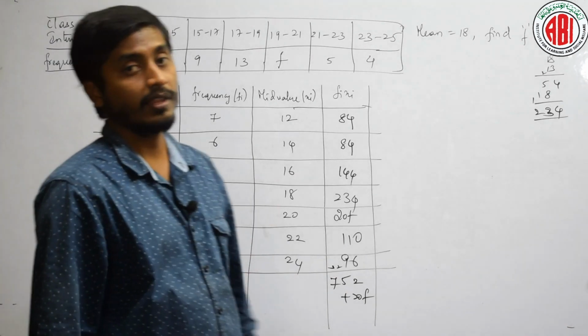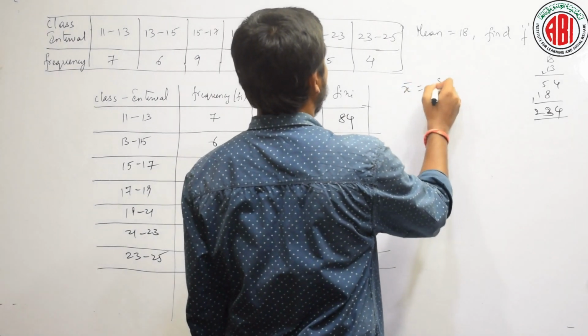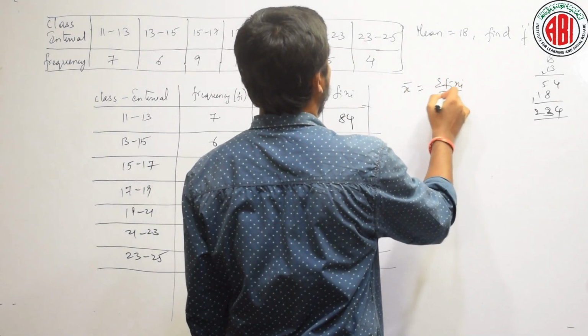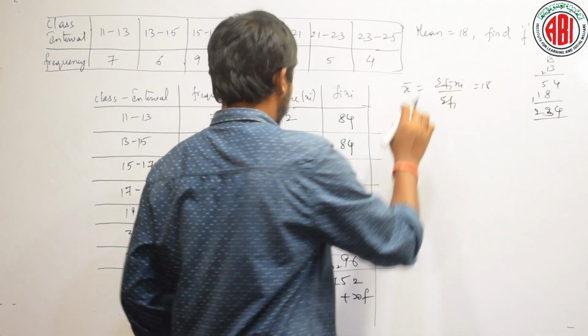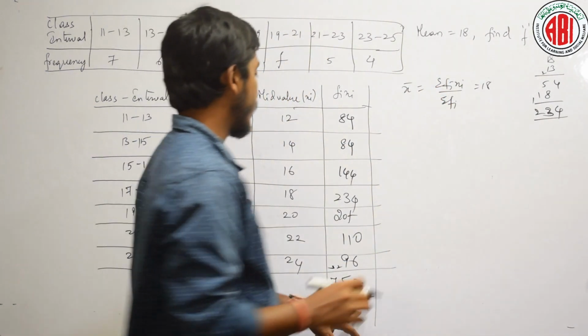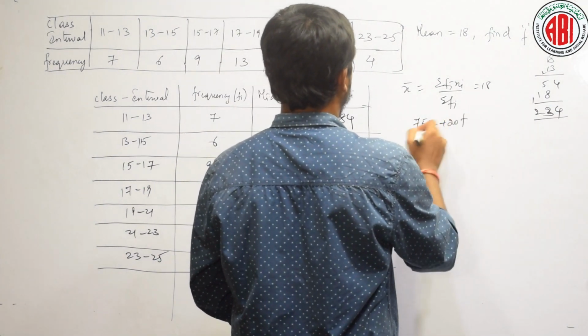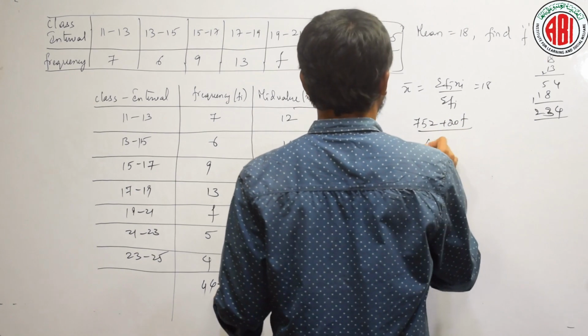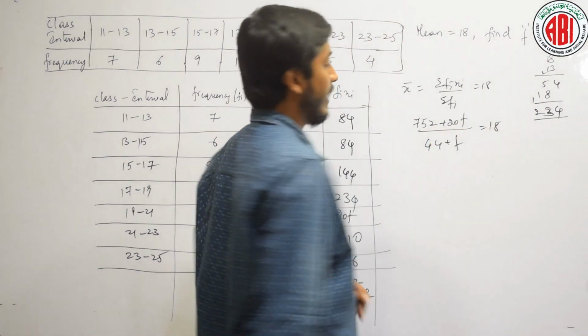Now let us substitute in the mean formula. What is the formula of mean? That is sigma fi xi by sigma fi. What is it given as? 18. Now tell me, what is sigma fi? 752 plus 20f divided by sigma fi, 44 plus f, is equal to 18.